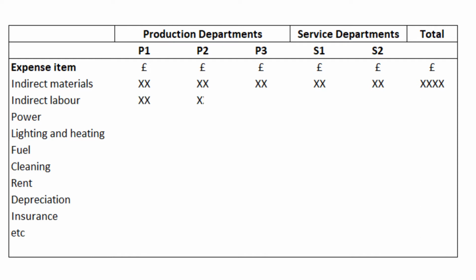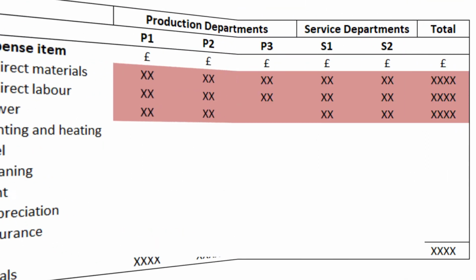Supervisors may be employed separately in each department, so their wages cost can be directly allocated to the relevant departments. Machines may have their own meters, so power used may be measured separately for each department and allocated accordingly. So there may be overheads that can be allocated directly to each of the 5 departments.